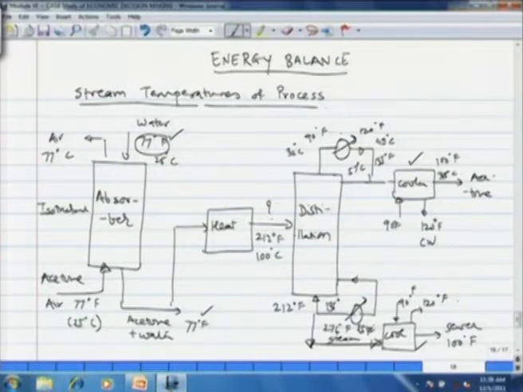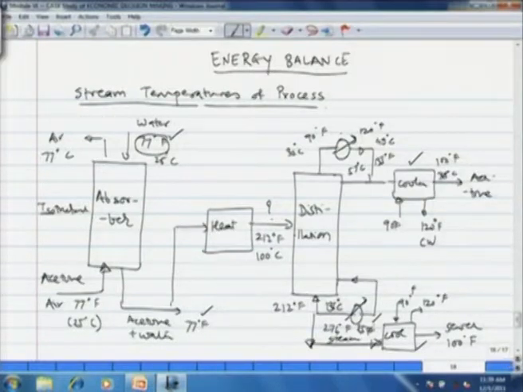Now, for boiling the water in the distillation column, we can make use of a low pressure steam, maybe 25 psi steam or 1.5 bar steam, 2 bar steam, which is at about 136 degrees centigrade or 276 degrees Fahrenheit, and that is sufficient to boil the liquid mixture in the reboiler. So, that is how we can make the balance, or we can determine the stream temperatures of the process.